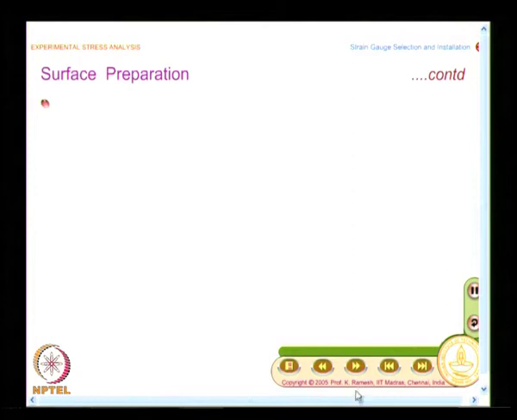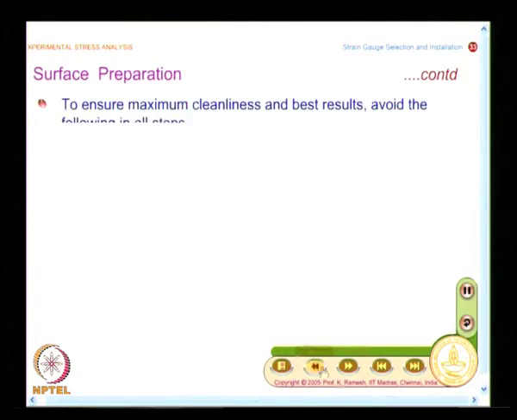And when you go for plastics or composites, you have to try out the various steps recommended by the manufacturer and follow the recommendation after standardizing the procedure. We are only going to look at how to paste a strain gauge on an aluminum surface. It is a very simple one that gives out the various steps and you get an idea how to go about in general.